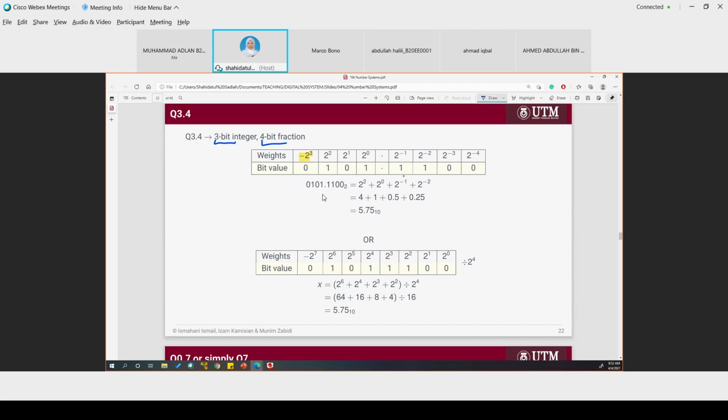So here, for the bit value 0101 1100, it's a Q3.4, meaning we have 3 integer bits and 4 fraction bits. So the imaginary point will be here, between 3 and 4. You can count this as follows, simplified. The first one is negative.